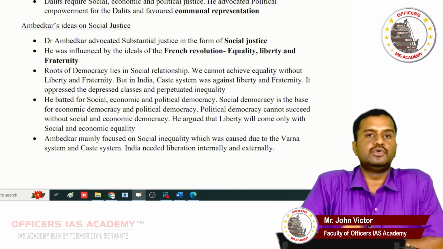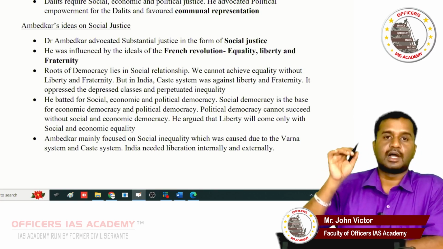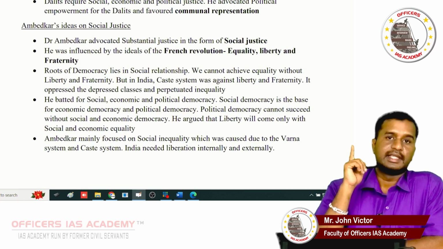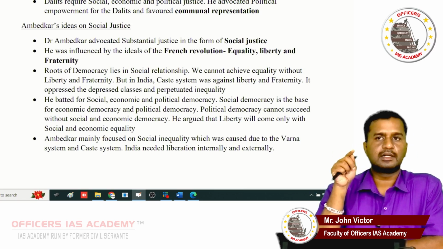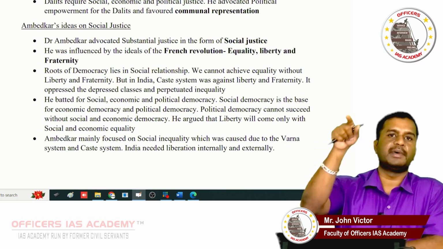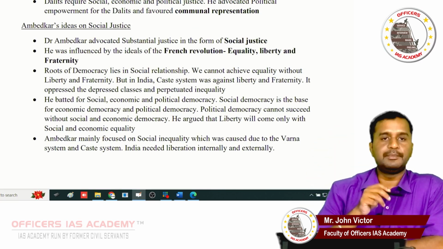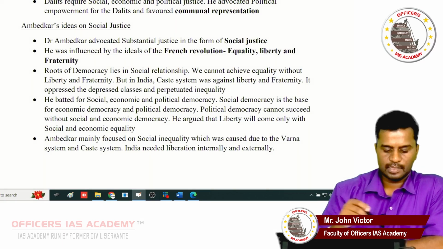Political means should be used to achieve social equality and economic equality. Remember, Dr. Ambedkar was the economist also. He was a liberal politically, he was an economist socially. He was also a humanist. So there are many attributes to Dr. Ambedkar.